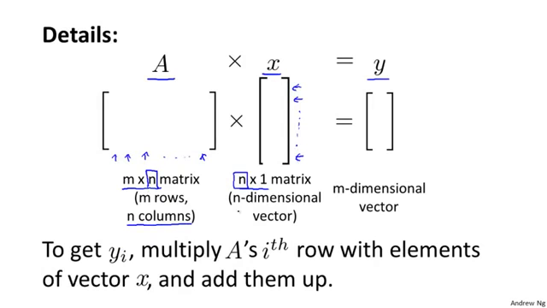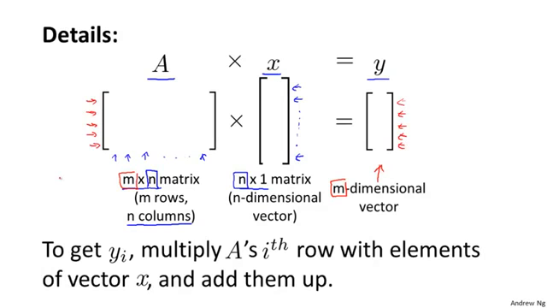And the result of this product is going to be an m-dimensional vector y. So the number of rows here, m, is going to be equal to the number of rows in this matrix A.